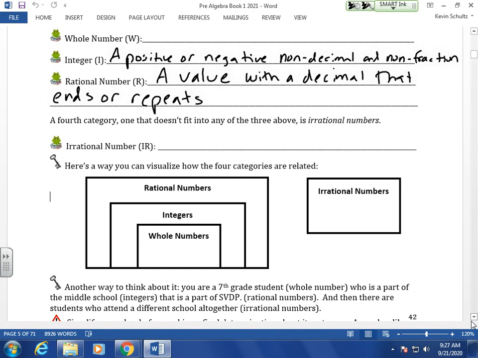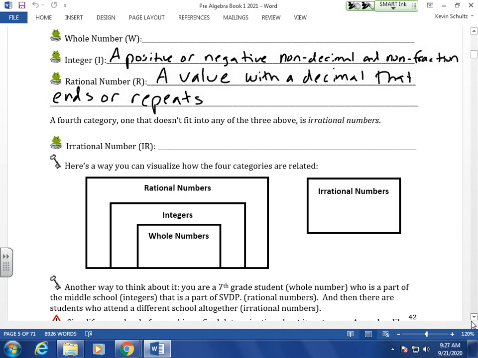A number like negative 10 is rational, and because it's not a decimal, even though you could write it as a fraction over one, it's not considered a decimal, so that would be an integer as well. So an integer is a positive or negative non-decimal, non-fraction.